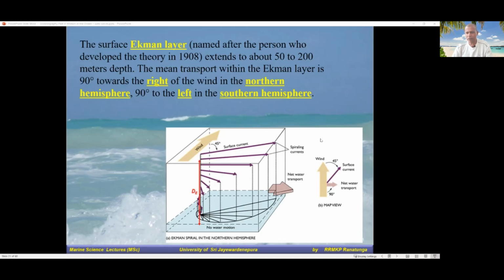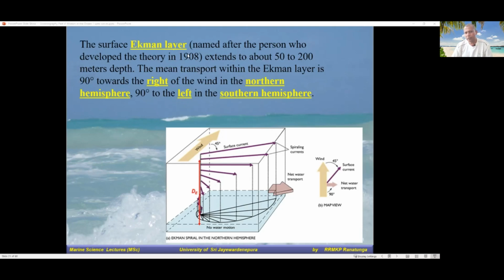Do not take it very seriously, but just to understand what is happening here. Because of this Coriolis effect, there is something else happening. It is called the Ekman transport.